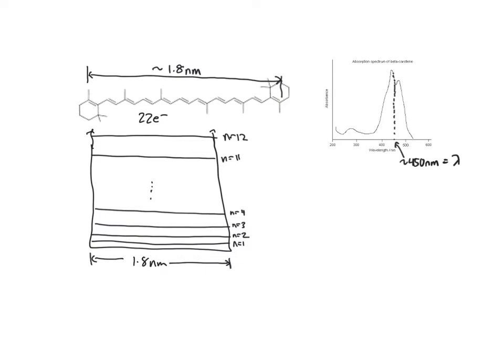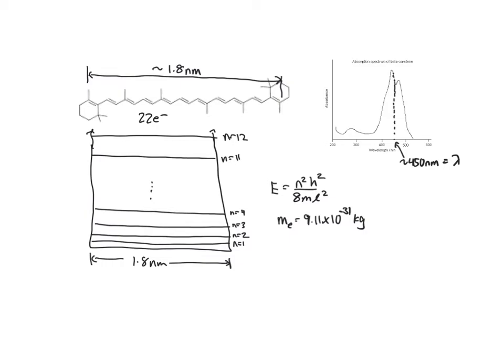And each of these energy levels has an energy equal to n squared h squared over 8mL squared. The particle in this box, the particle that is able to go back and forth here, is the electron, so m is the electron mass.